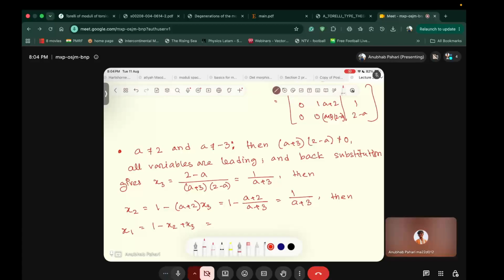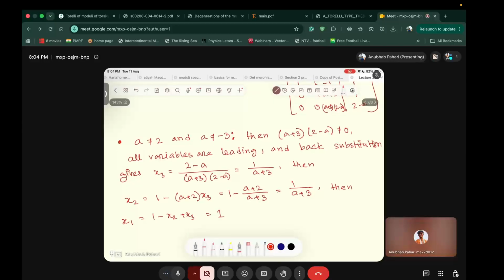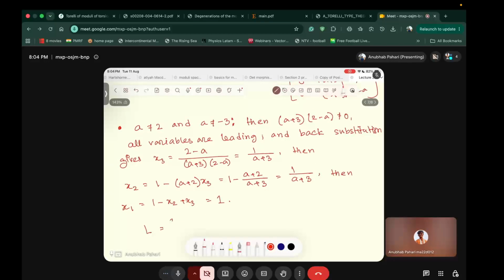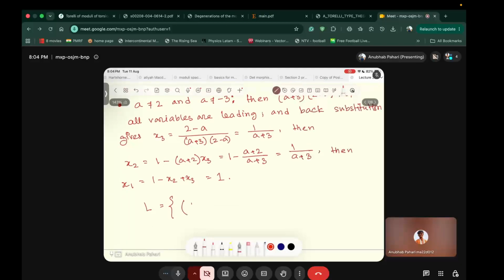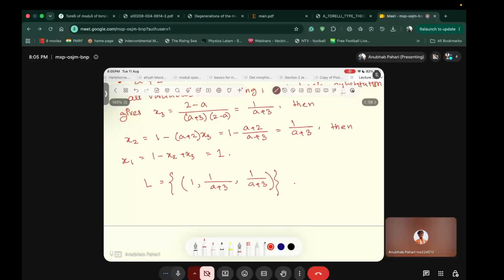I'll skip the calculation, but x2 and x3 are both equal, so they get cancelled and you get 1. So the solution is 1 comma 1 by a plus 3 comma 1 by a plus 3. So the solution is unique.